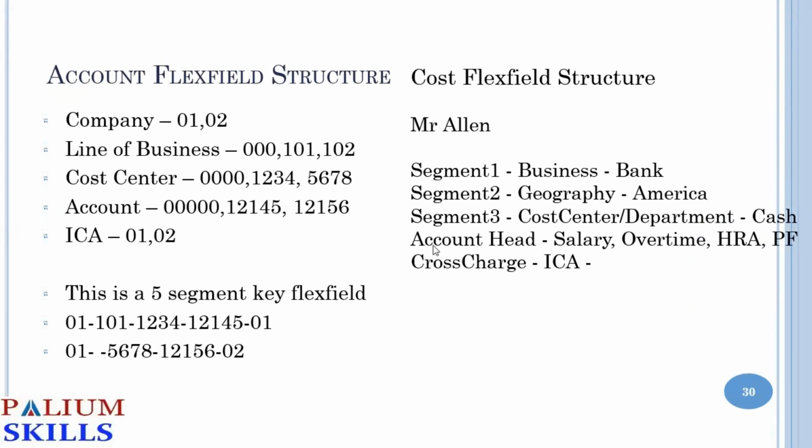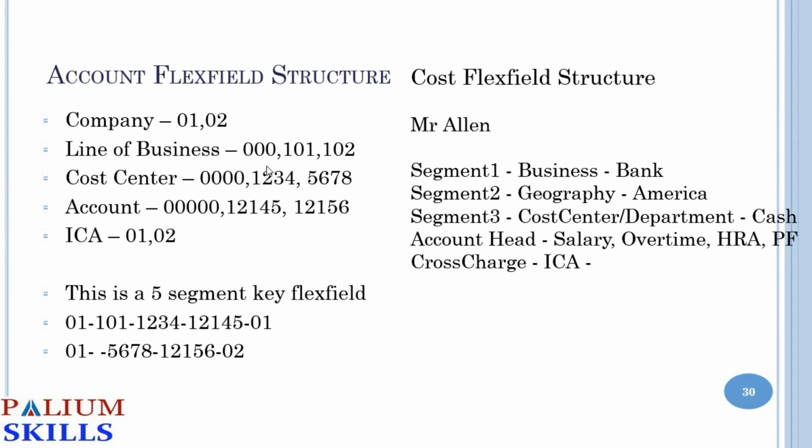This is an example of an account flex field structure. Let's say we have one segment called company, another segment called line of business, third segment called cost center, fourth one is called account, fifth one is called intercompany account. So company has two values, 01, 02.